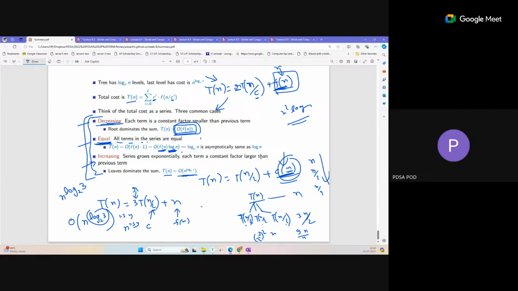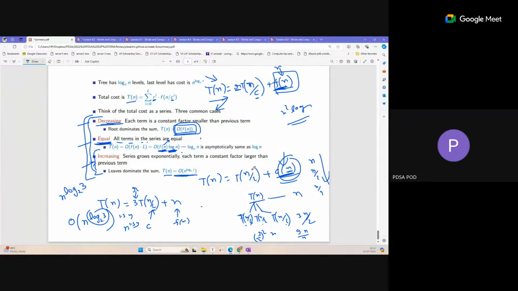If it is equal, use f(n) times log n. Whatever f(n) value is given in your recurrence relation, just multiply with log n. In the increasing case, just use n to the power log base C of R. And also remember what C and R actually are in the recurrence relation. In this way, you can represent the complexity for a recurrence relation or recursive solution.